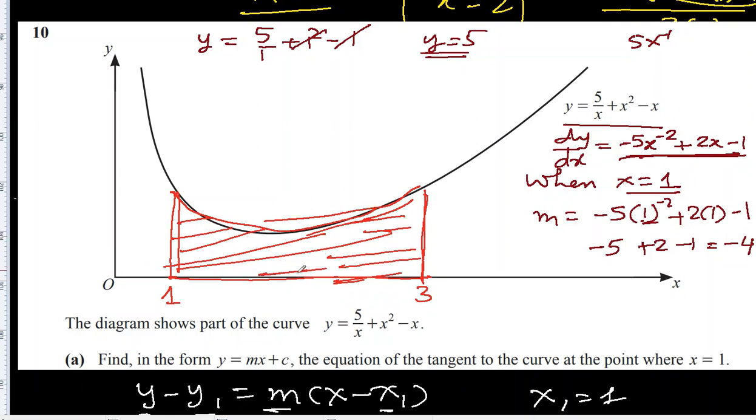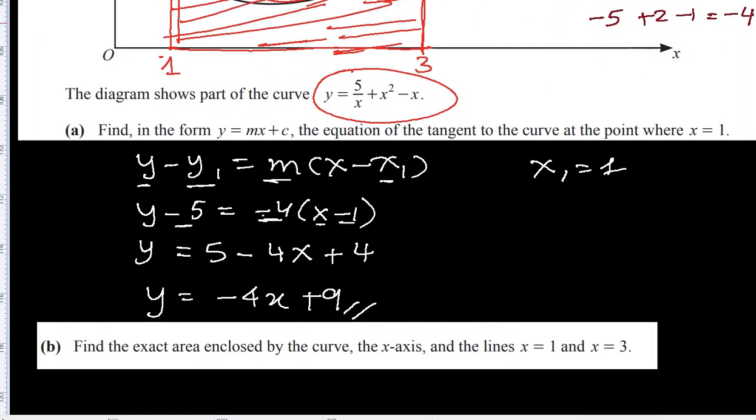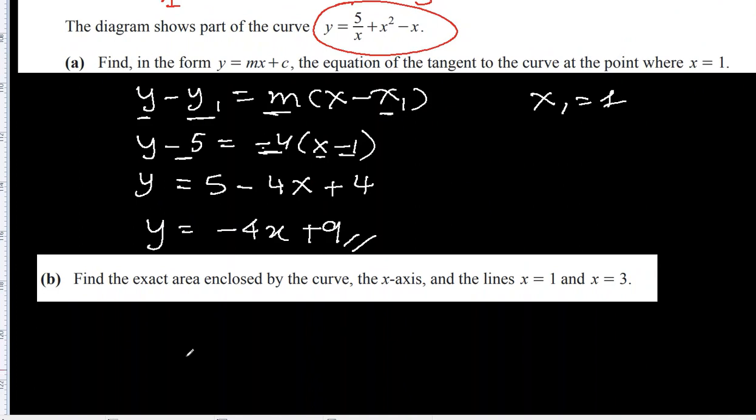And for this we don't have to do something special. We just find the definite integral of this function from 1 to 3 and that will give us the area under the curve. So let me copy the equation, which is this: the integral of 5 over x plus x square minus x, from 1 to 3, dx.